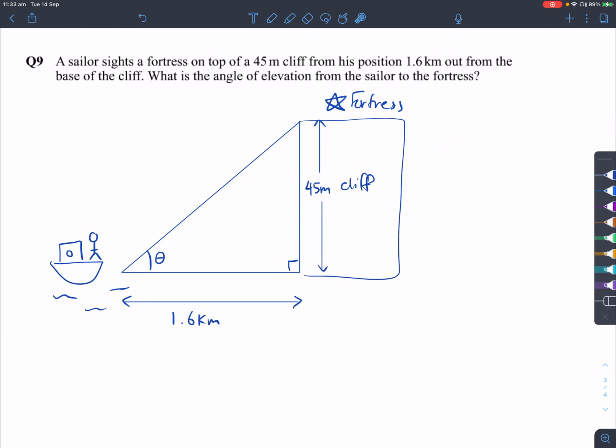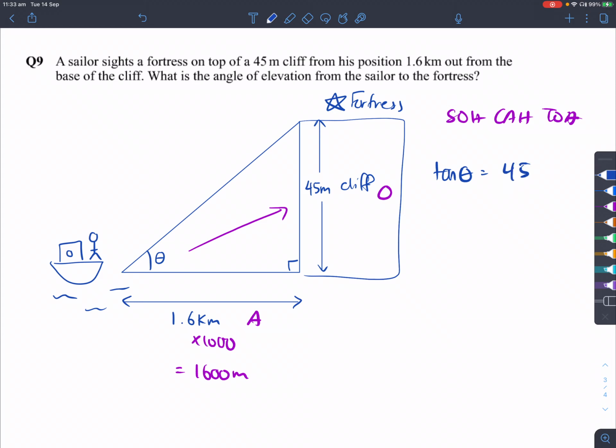Now what you've got to observe is these are different units. So this needs to change to another unit, which is meters. So if I times that by 1,000, this would equal 1,600 meters instead. So we're now going to use that number, as well as the opposite edge and the adjacent edge. So using SOHCAHTOA, we know that we're going to use TOA, which means tan of theta equals 45 over 1600.